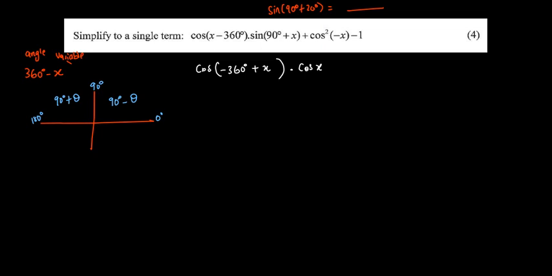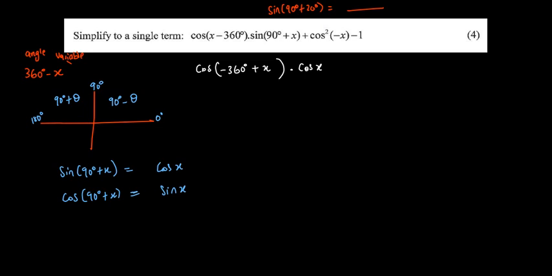If you get something like sine of 90 degrees plus x, because it's 90 plus, sine is going to change to cos. And cos of 90 degrees plus x is going to change to sine x.